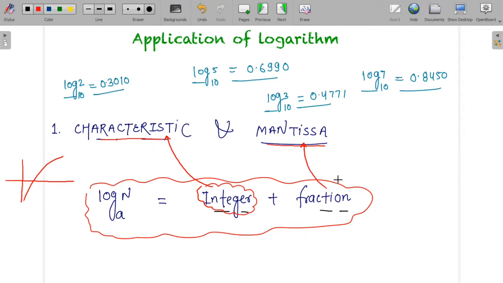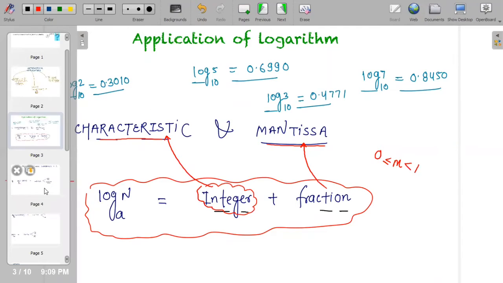But remember, whenever we are considering the fraction or mantissa, you should follow a rule: mantissa is always positive, greater than or equal to 0 but less than 1.